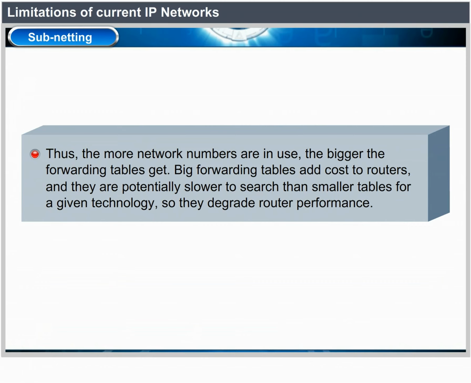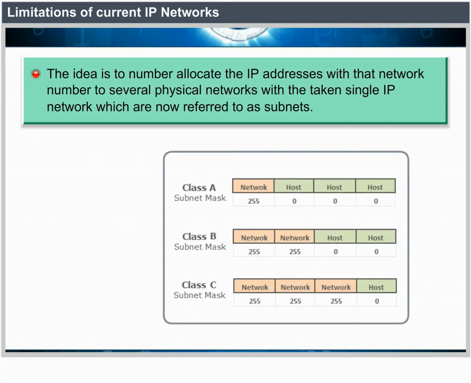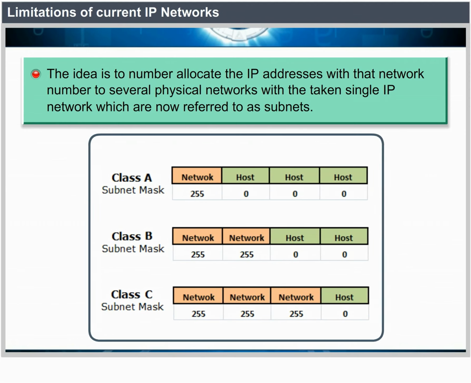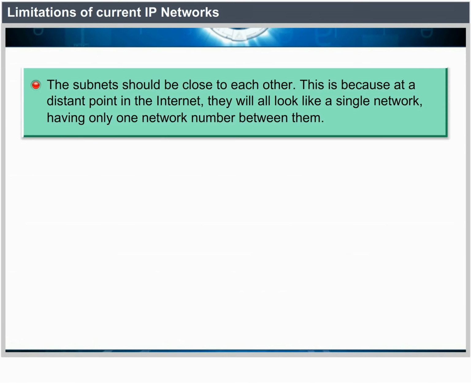Subnetting provides an elegantly simple way to reduce the total number of network numbers that are assigned. The idea is to take a single IP network number and allocate the IP addresses with that network number to several physical networks, which are now referred to as subnets. The subnets should be close to each other.